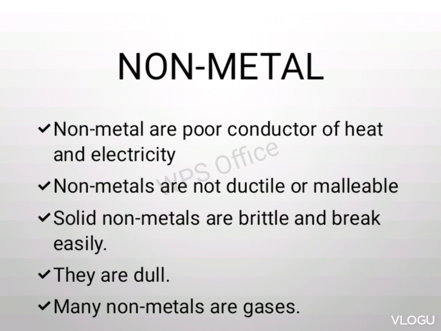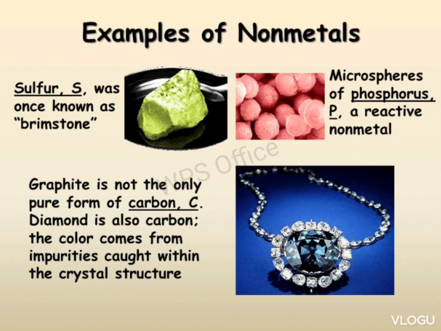In contrast, metals are good conductors and most are easily flattened into sheets and drawn into wires since their electrons are generally free-moving. Non-metal atoms tend to attract electrons in chemical reactions. Examples of non-metals: first is sulfur, second is microsphere, and third is graphite.